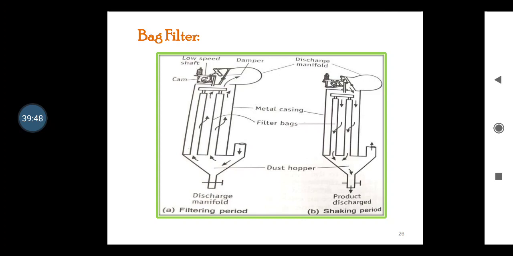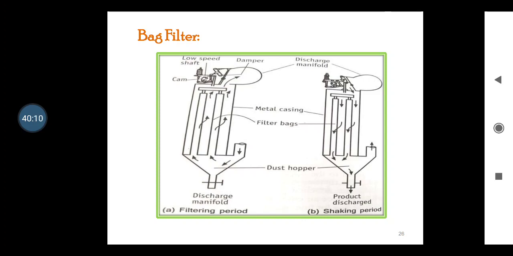These two activities follow in succession and are controlled at different intervals with the help of the bell crank lever arrangement. The bell crank lever arrangement is a mechanism in which a shaft with a cam is allowed to rotate at a low speed.